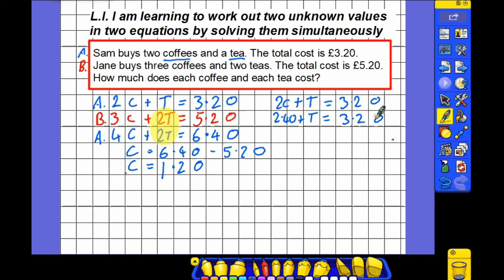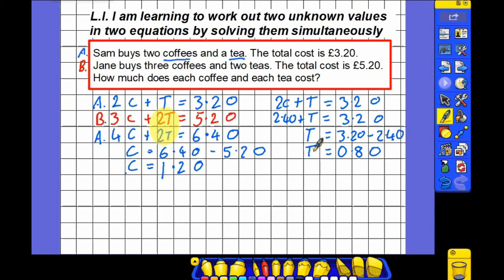And from here on, it is just any normal algebraic problem. So we're going to take off £2.40 from both sides. That'll leave us t on this side, and £3.20 minus £2.40 on that side. Therefore, our t must be 80 pence in this case.